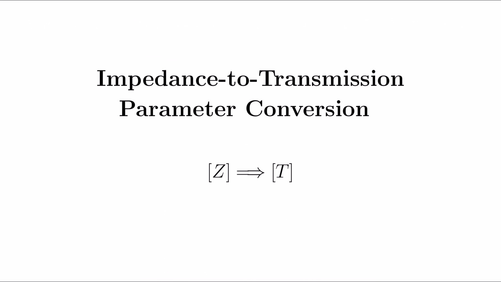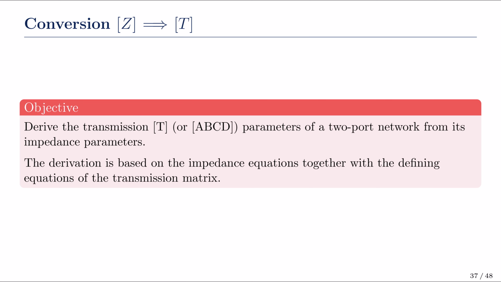We now consider the conversion from impedance parameters to transmission ABCD parameters. Unlike the impedance-admittance conversion, this transformation is obtained directly from the defining equations of the transmission matrix. Our objective is to derive the transmission matrix of a two-port network from its impedance parameters.